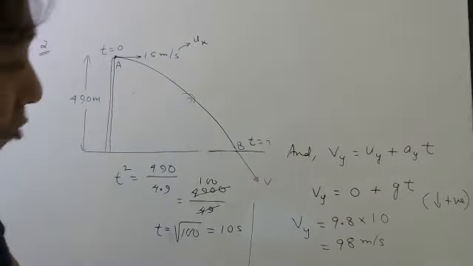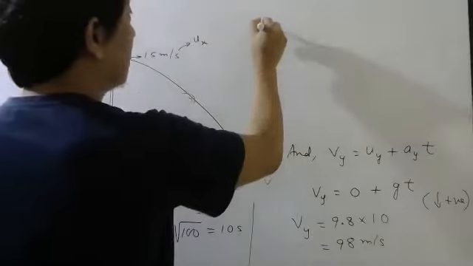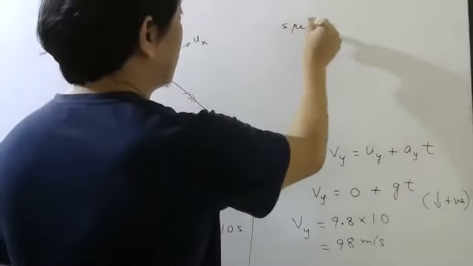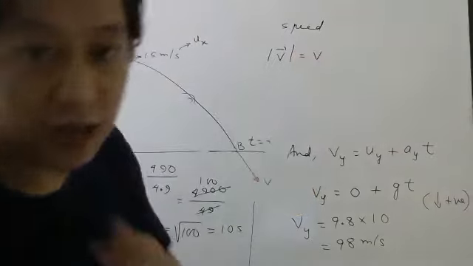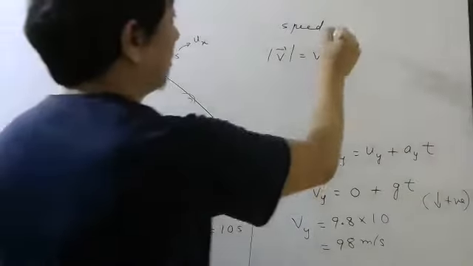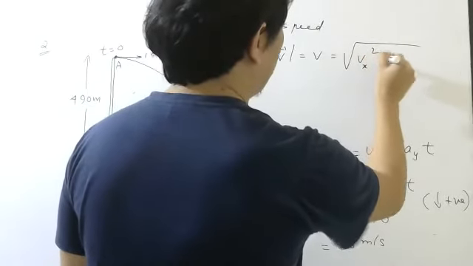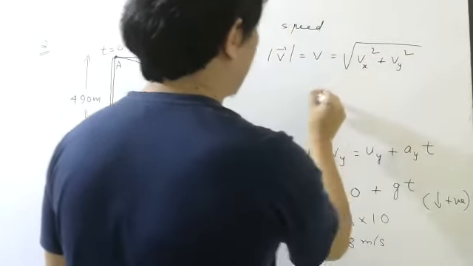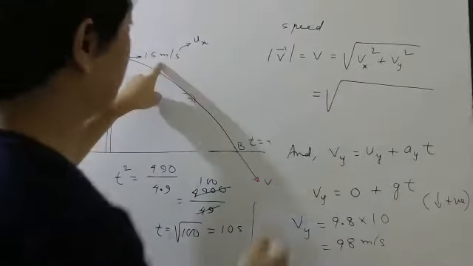So once you have found the x component of velocity and the y component of velocity, the speed, meaning the magnitude of velocity, which you can directly write as v, will be equal to root of vx square plus vy square. Vx will be the same as ux, which is 15.